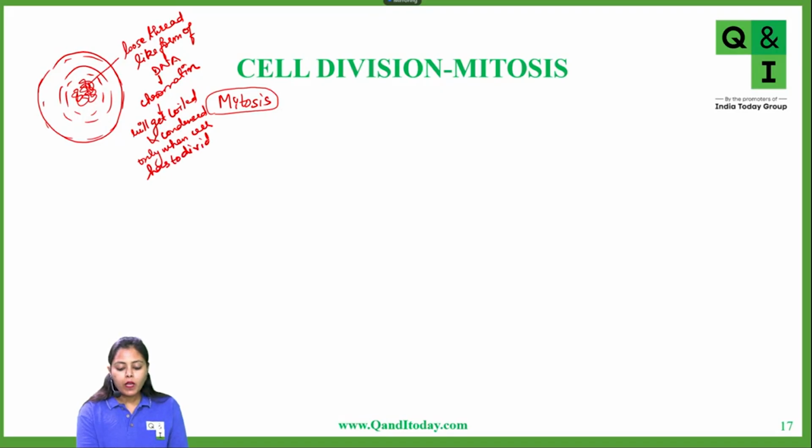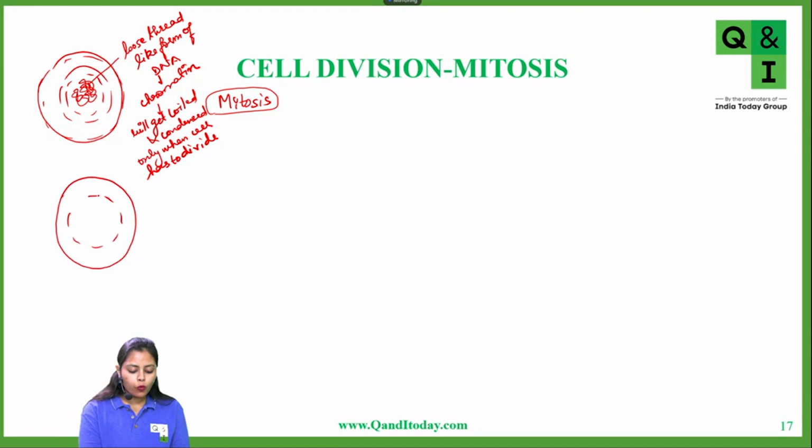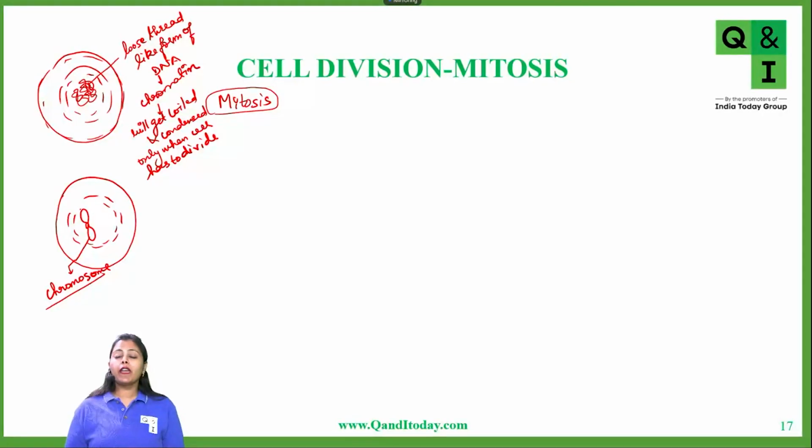Once this chromatin gets condensed and more coiled, it takes the shape of a chromosome. You can see from here that is your chromosome. So the first thing to emphasize is that chromosomes are only formed when a cell has to divide.